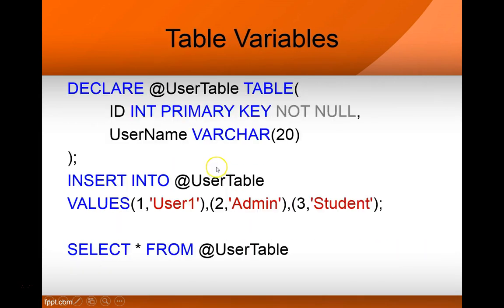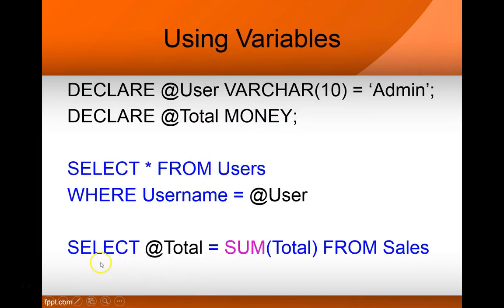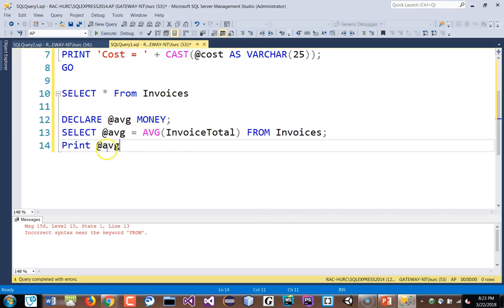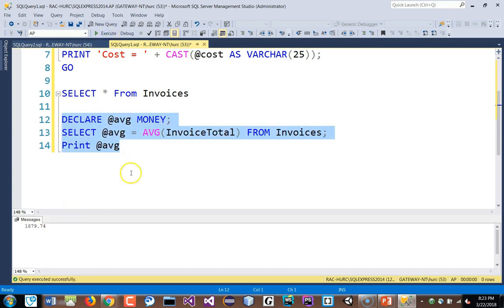If I go back up a little bit, you see here: select total, @total equals the sum of total from the sales. So that statement and this statement are exactly the same. If I printed it, you should get the same total, 187 something. Just remember that when you do this.